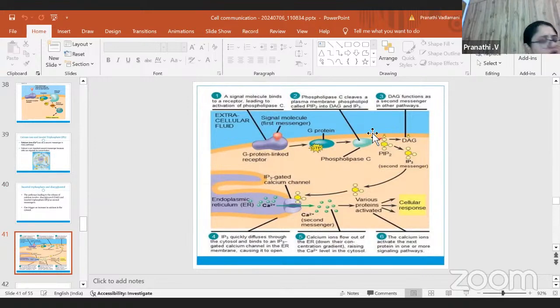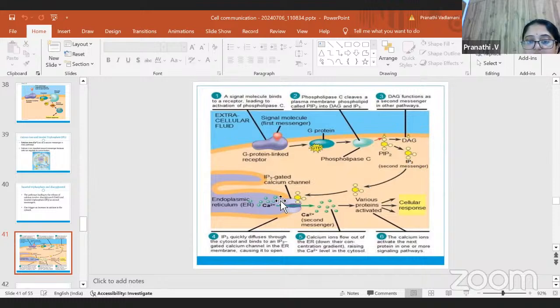phosphatidylinositol 4,5-bisphosphate, and IP3, which is inositol 1,4,5-triphosphate. So in three places you have phosphate groups present. DAG, when it gets released, acts as a secondary messenger and also causes release of IP3.